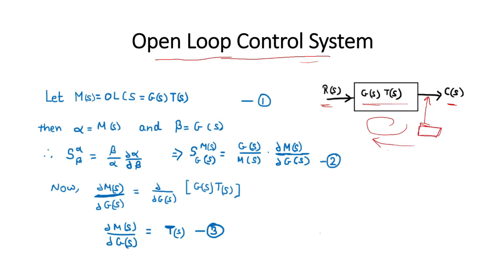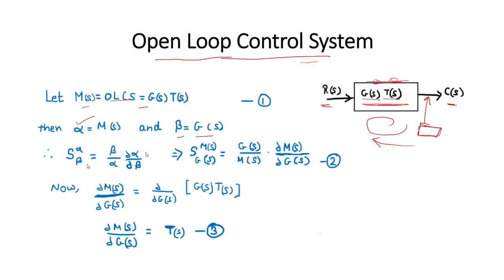So here there is only one path, which is the forward path, and it is denoted by G(s) into T(s), and both are just some functions or a part of the forward path. So now M(s) is the open loop control system, and it is denoted by G(s) into T(s). So it is your alpha, and beta is what?